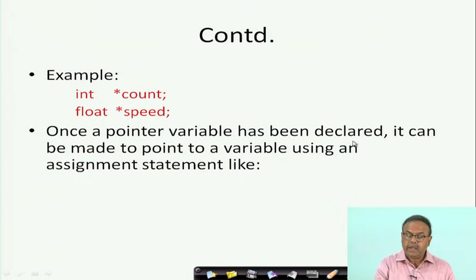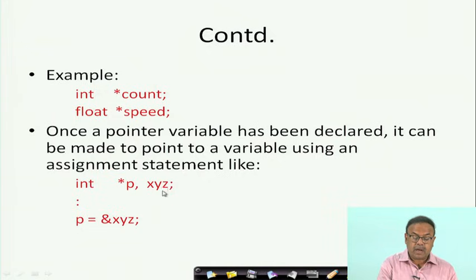Once a pointer variable has been declared, it can be made to point to a variable using an assignment statement like this, int star p, xyz. So, p is a pointer variable, xyz is an integer. You see, by the same declaration I have declared two things, one is a pointer to an integer and an integer.